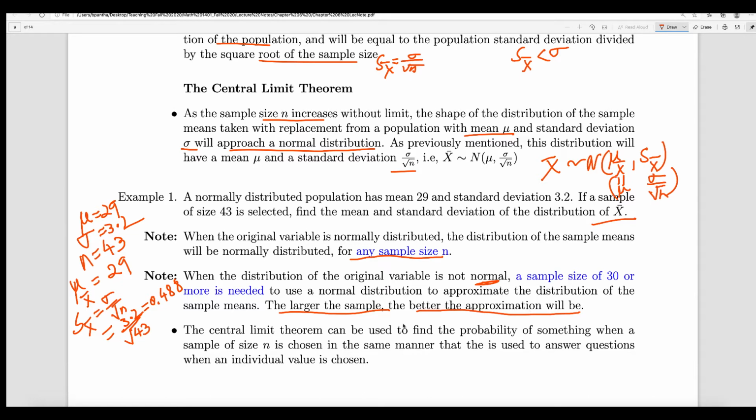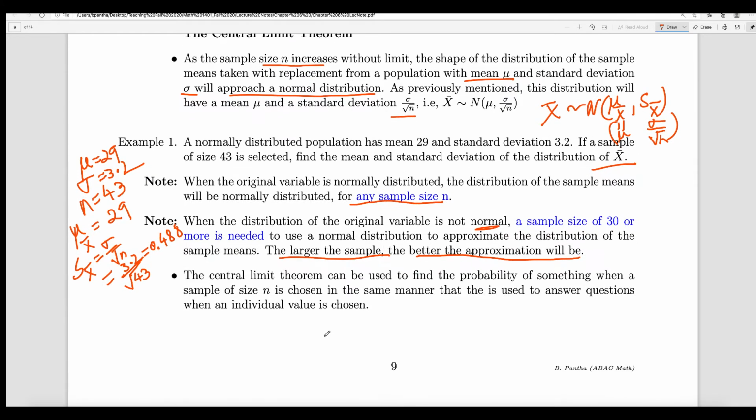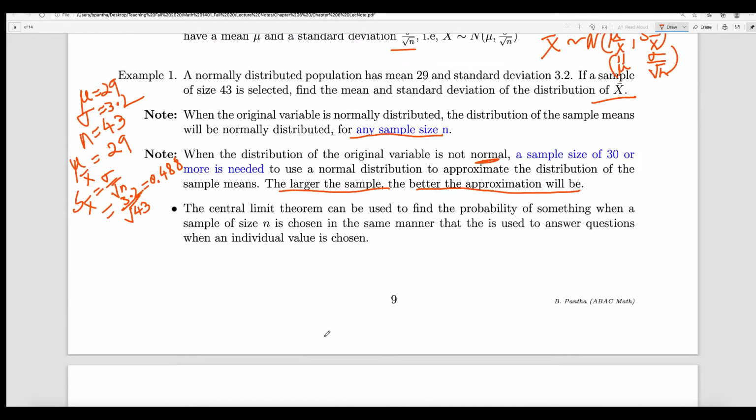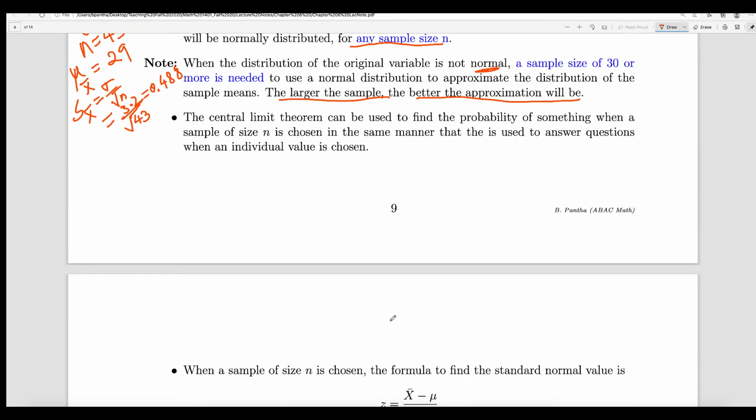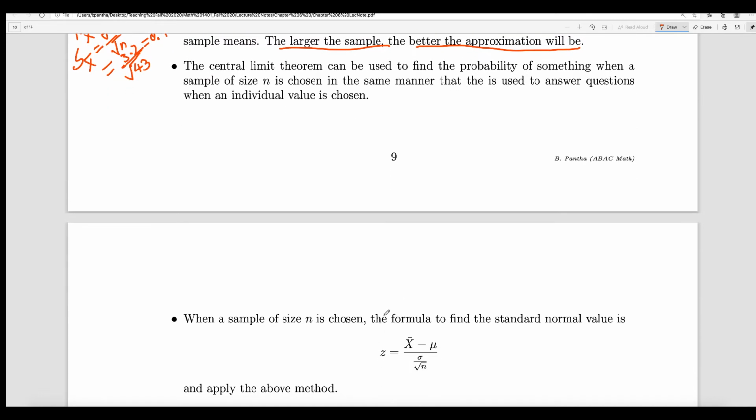The central limit theorem can be used to find the probability of something when a sample of size n is chosen, in the same manner that it is used to answer questions when an individual value is chosen. So we use exactly the same technique to find the probability. The only difference is that instead of x, it will be asked about x bar.